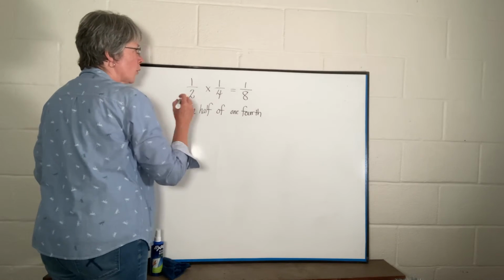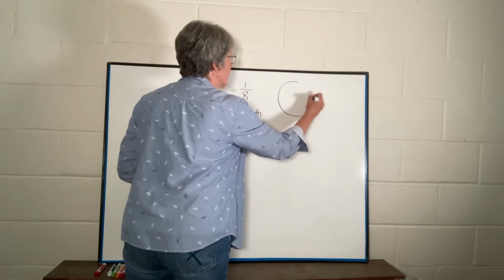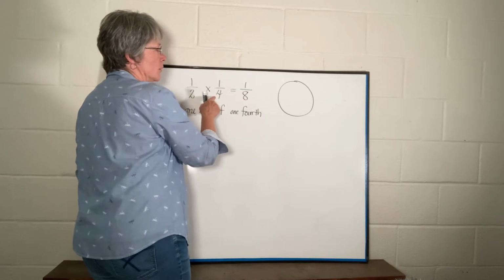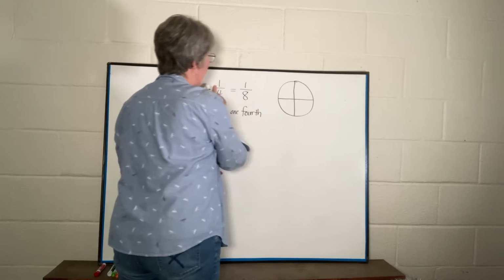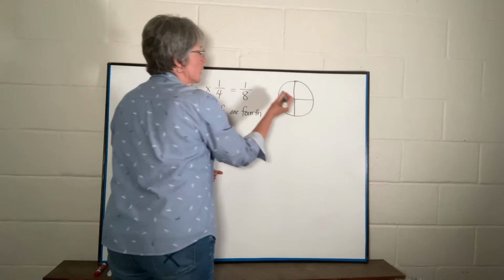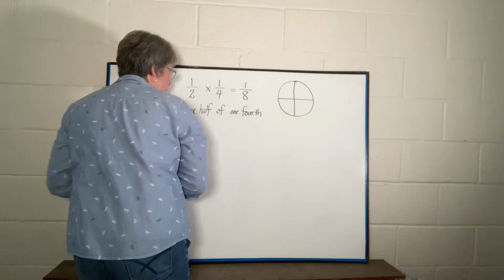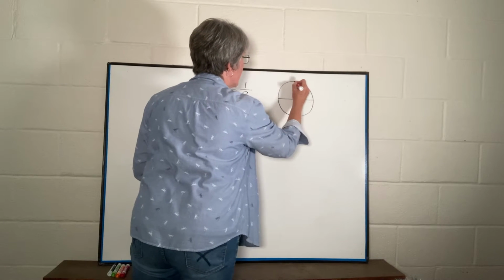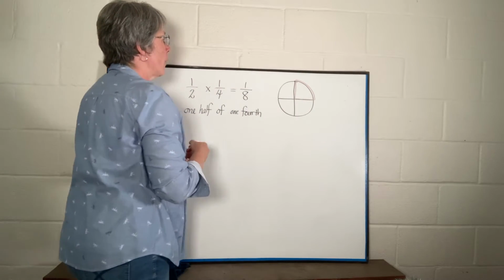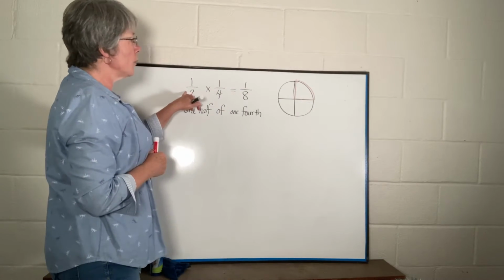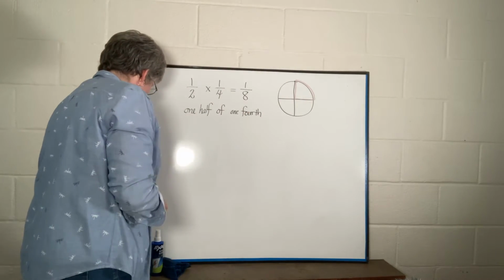Okay, so going back to our pizza example, we have a pizza divided into 4 equal parts, and we're only talking about one of these parts. So let's say this part. Use a different color here. So we're talking about 1/4 of the whole pizza. But then we want 1/2 of this 1/4.